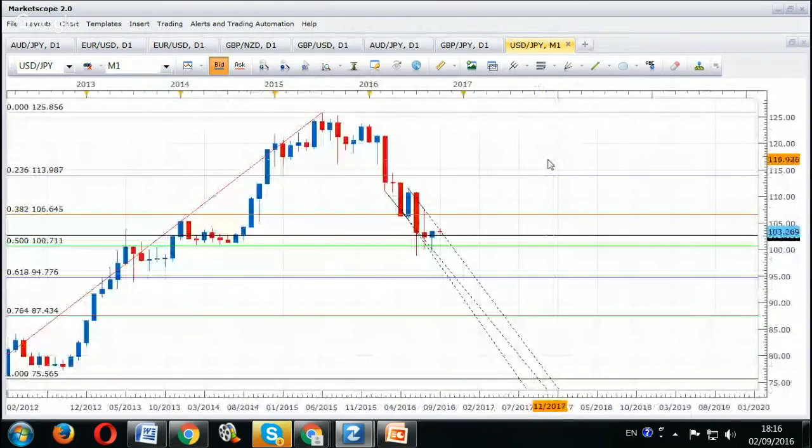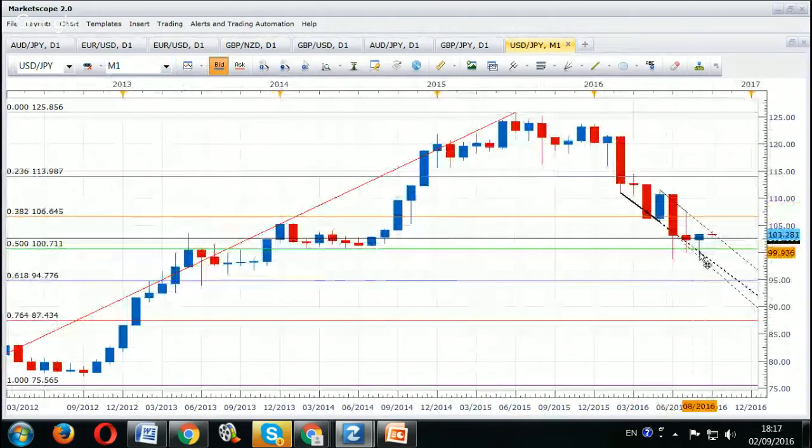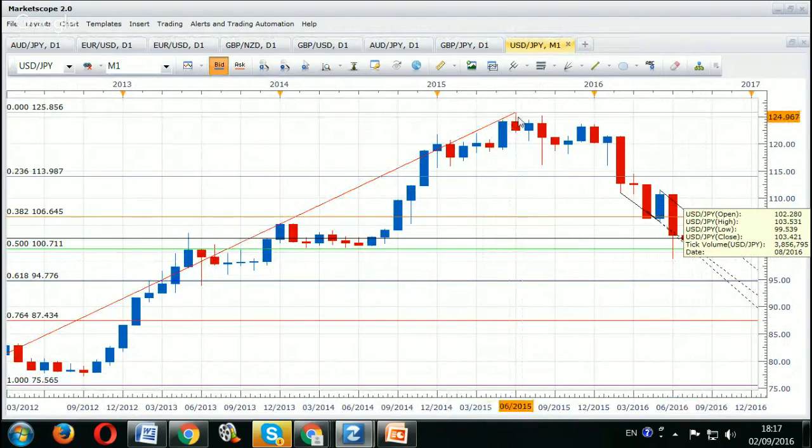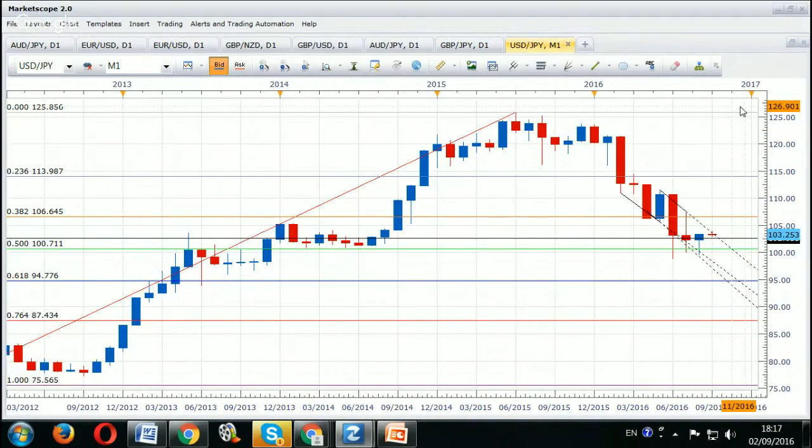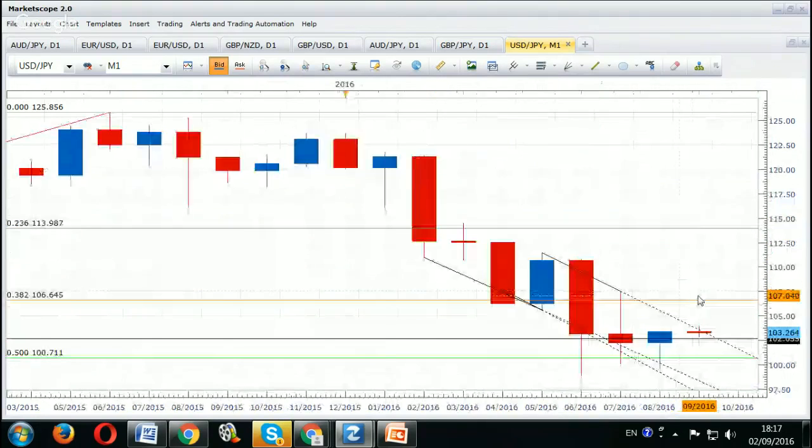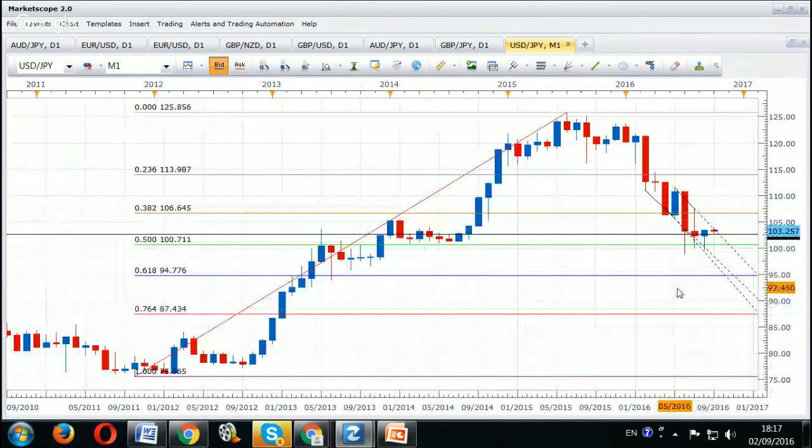Interestingly, on the monthly chart, we have a bullish hammer following a sell-off from 125, and that is a bullish pattern as well. We can also call the previous two candles a tweezer bottom, and that is also a bullish formation. So overall, I expect the dollar yen pair to go up to around 106.645.